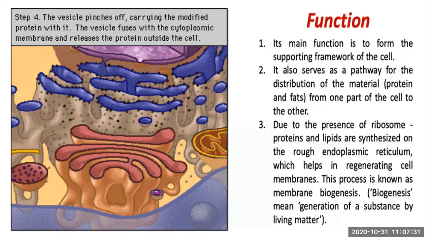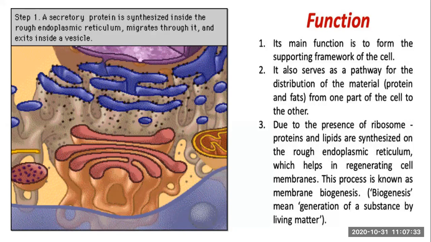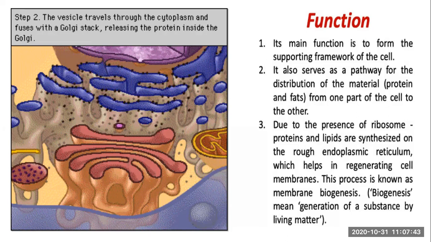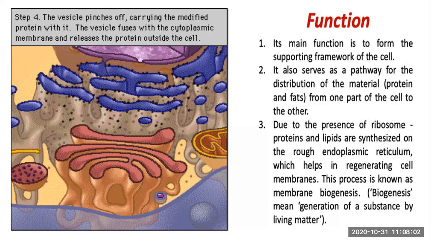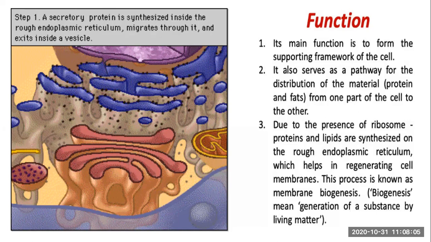In the first step, the pink structure is moving, it's a protein synthesized from the rough endoplasmic reticulum, and after that it can move to the Golgi apparatus, and after that a sac-like structure is formed which moves out of the cell also.